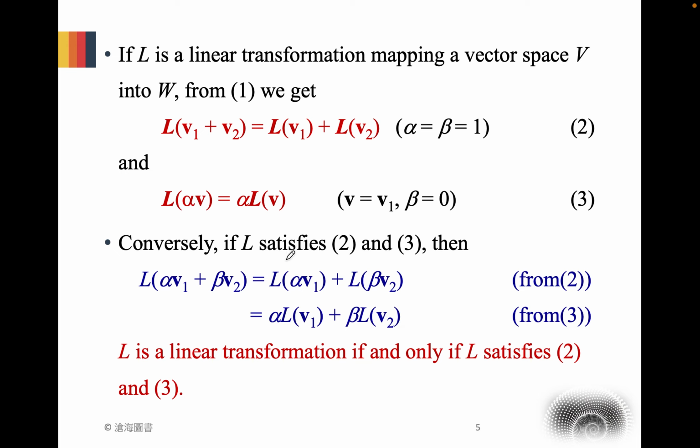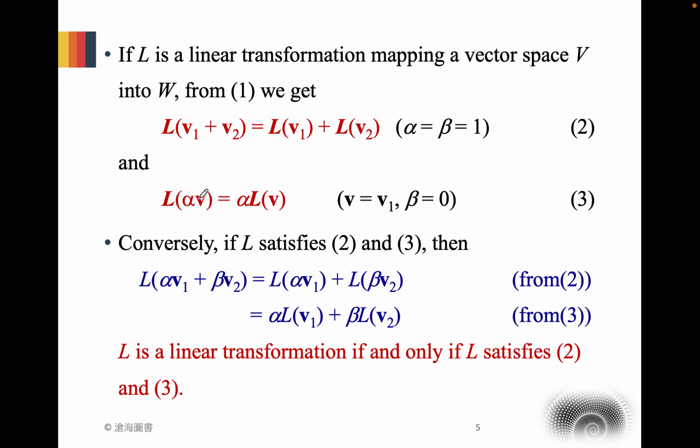Okay, and if L is a linear transformation, mapping from a vector space V into W, we can get this. For example, if we add v1 plus v2 together first, and then we do the mapping, that would be equal to we do the mapping first and then add them together. So in this case, the alpha and the beta are equal to 1. And we now can have vector v.